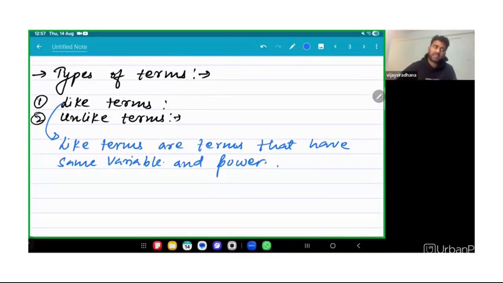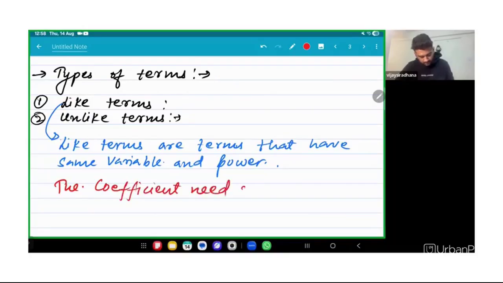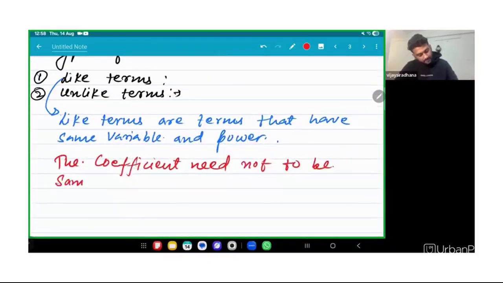There is not at all requirement that the coefficient should match. So the like terms are those where the coefficient need not be the same. So what does it mean?